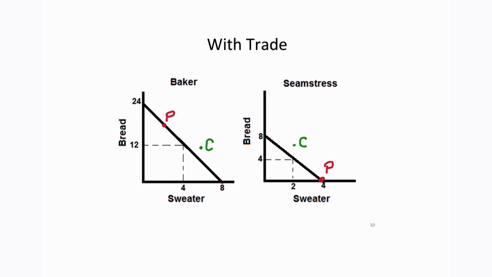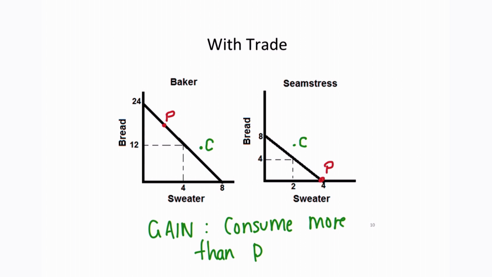And this will be point C. We see that they gain from trade because they can consume more than they can produce on their own. So they are still working an 8-hour day, but they are consuming more than what they could produce on their own in that 8-hour day.